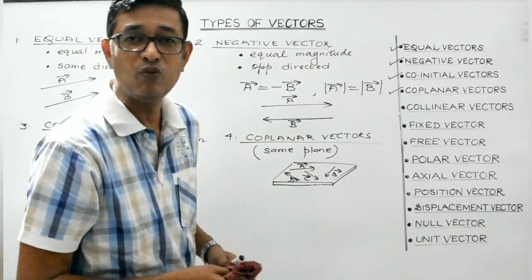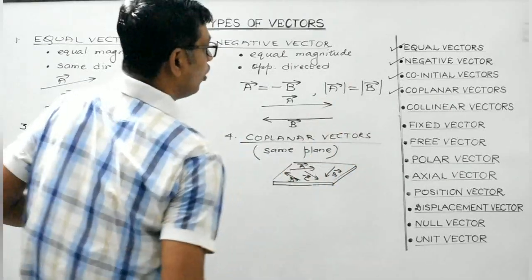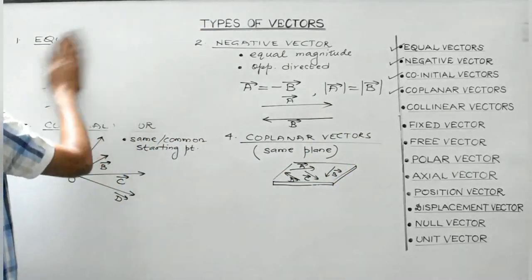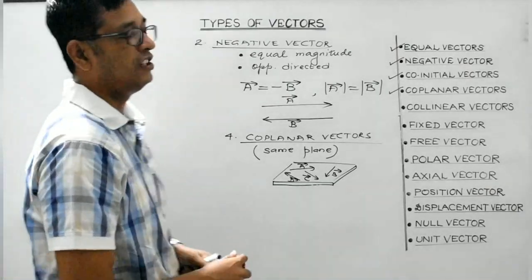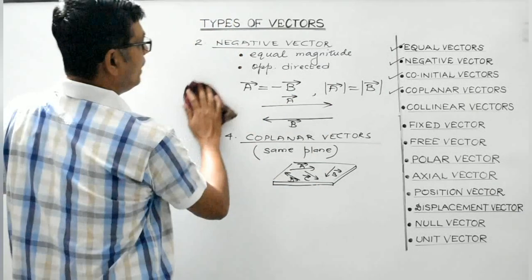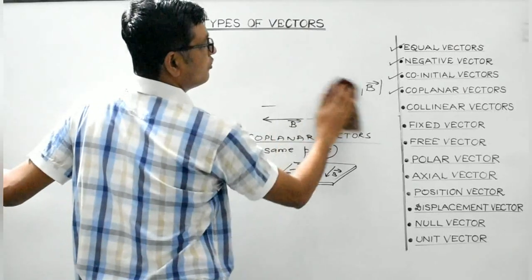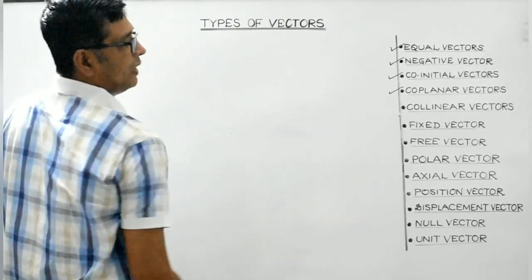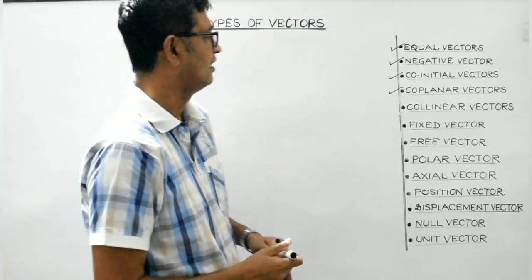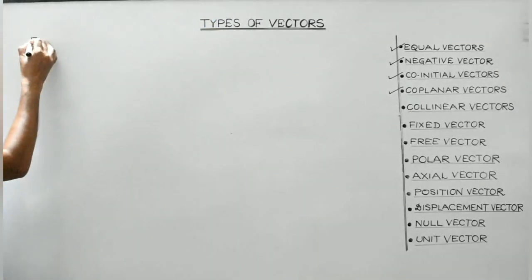The angle must be 180 degrees between them. Co-initial vectors are those which have the same common initial point, while coplanar vectors are those which lie on the same common plane. Right? Let's start with the fifth one.